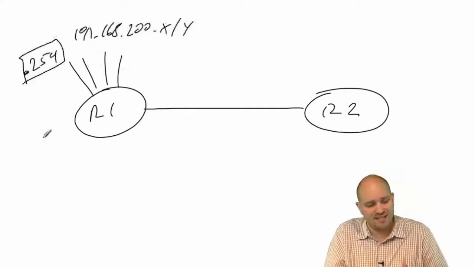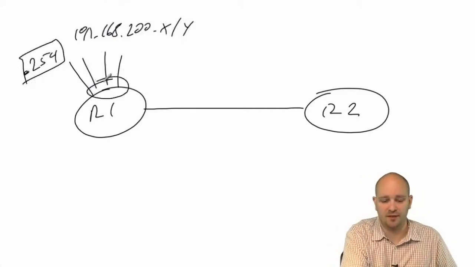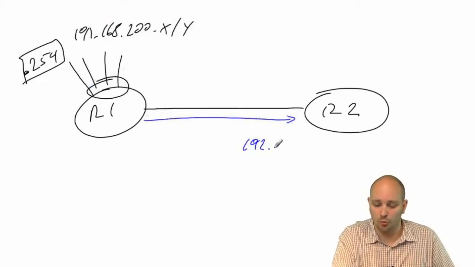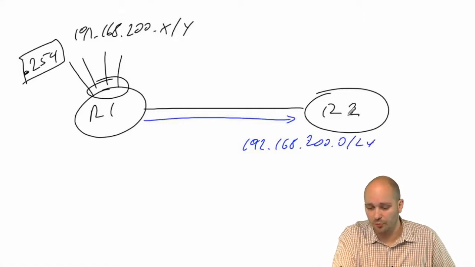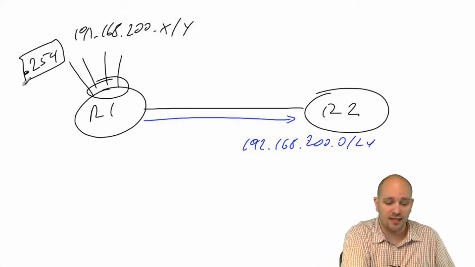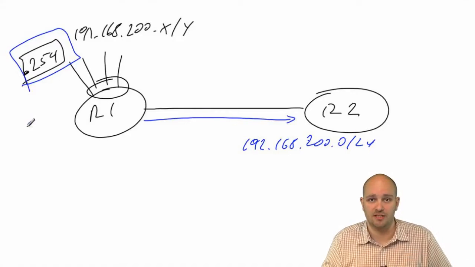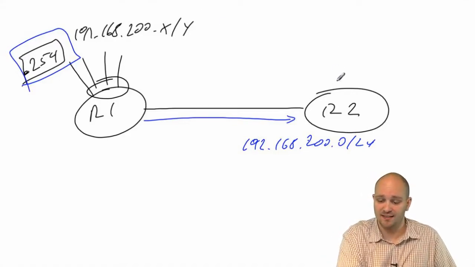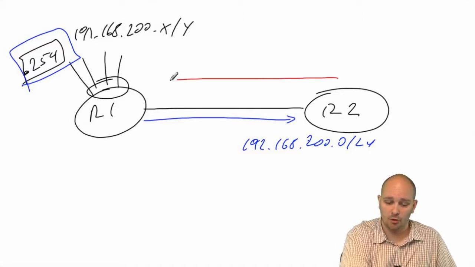So this IP address doesn't have a more specific route. However, when we have advertised our 192.168.200.0/24 to R2, R2 suddenly has the route how to reach this IP address, and it can, as a result of that, send traffic to R1.